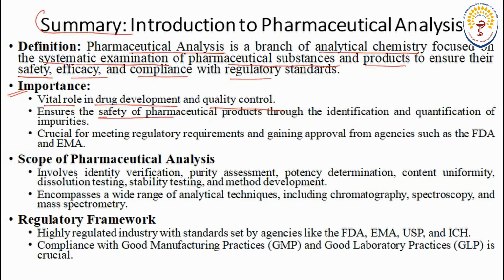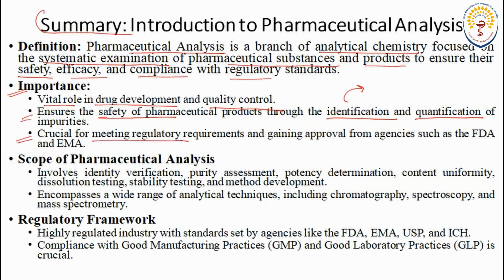It ensures that pharmaceutical products are safe, because we are constantly performing identification, checking that the right drug is present in our pharmaceutical product, and we also perform quantification. That means we are checking that the drug present in our tablet or capsule is in sufficient quantity.